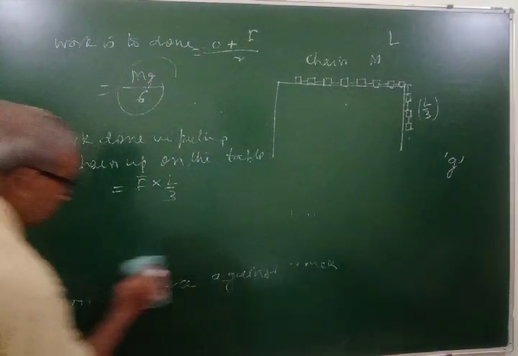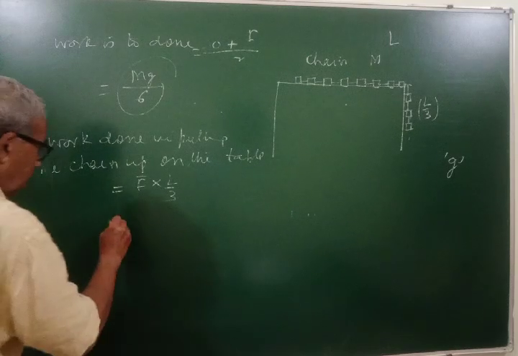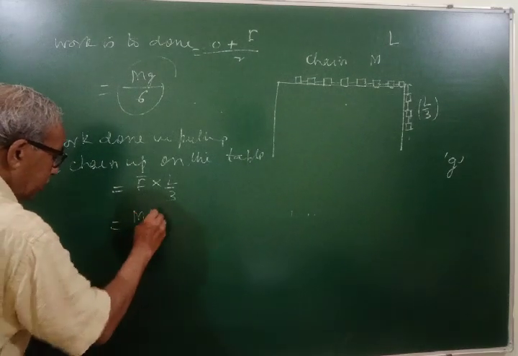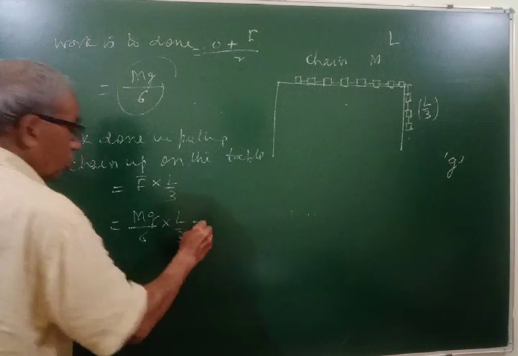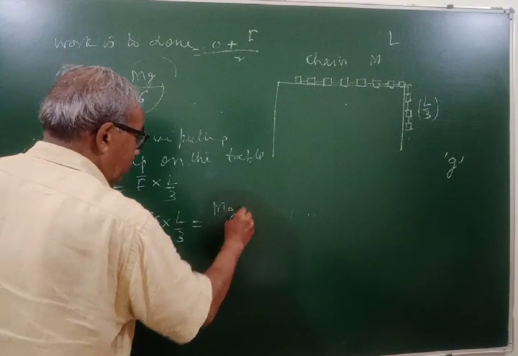So it is Mg upon 6 into L by 3. So it is MgL upon 18.